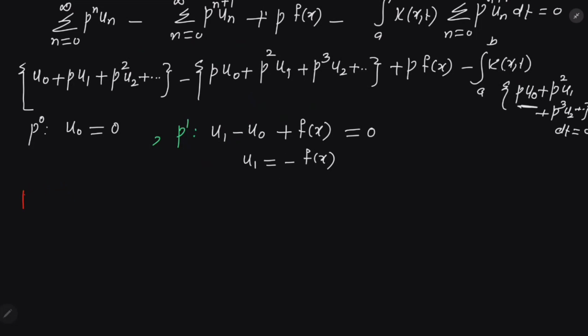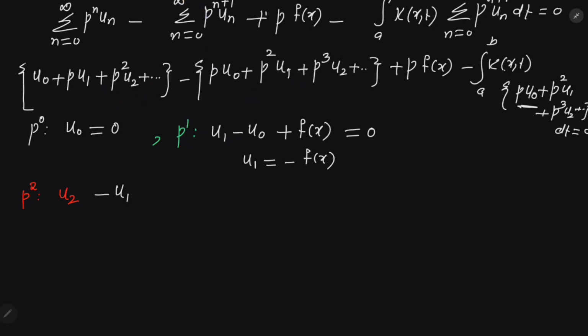Then we take coefficients of p^2. We have u2 that is coming from here. Then we have coefficients of p^2 over here, minus u1.